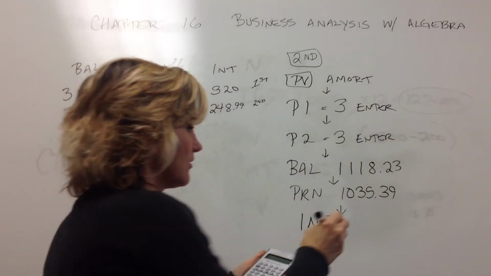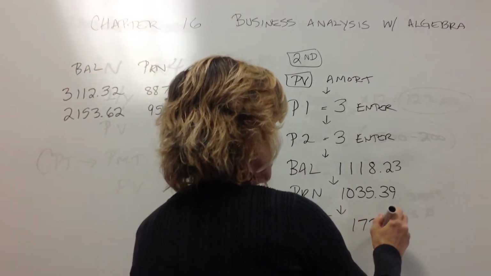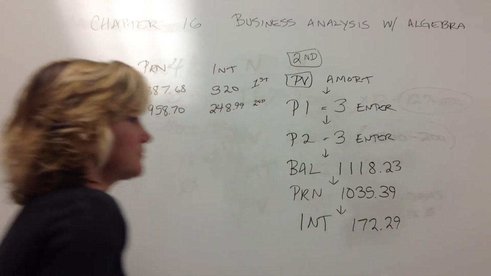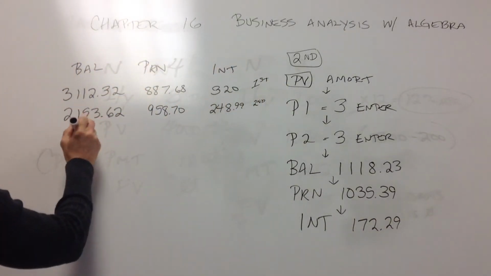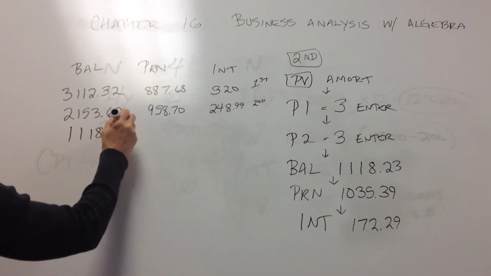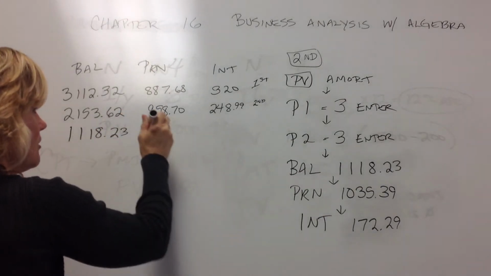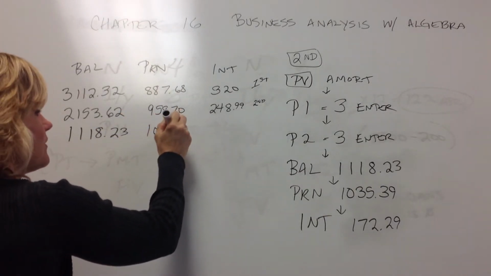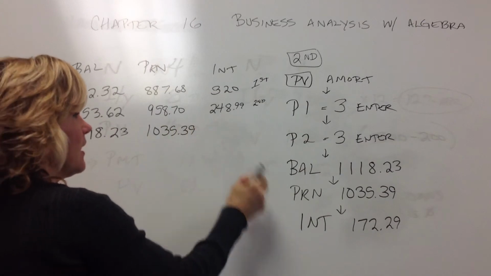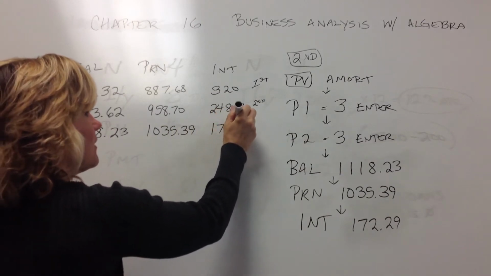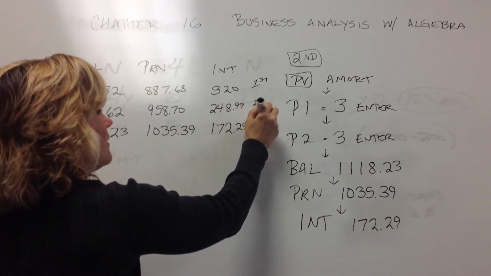And then arrow down, my interest is $172.29. So you can see the balance goes down after each payment. The amount of principal I'm paying is increasing with each payment, and the amount of interest I'm paying is decreasing with each payment.